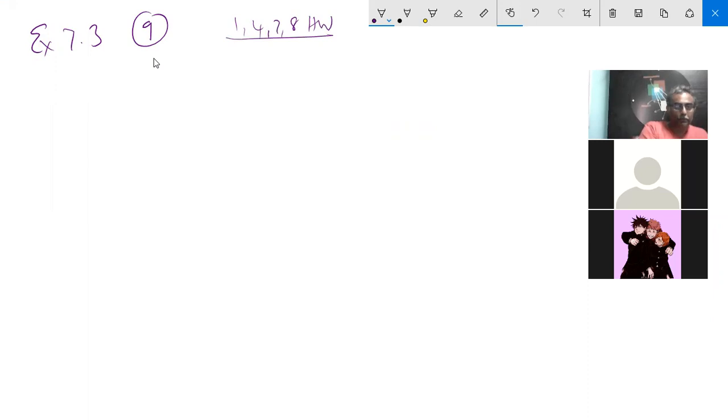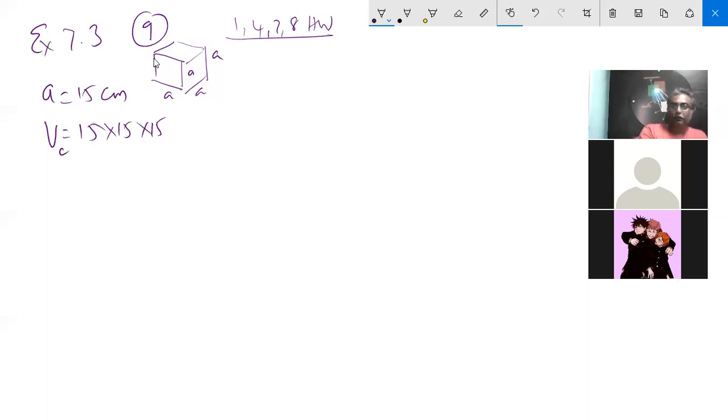A metallic cube of A equal to 15 centimeter is melted and formed into a cuboid. Volume of cube is 15 into 15 into 15. If the length of the cuboid is 25 and height is 9 centimeters, find breadth. Cube becomes cuboid, so volume of cube is equal to volume of cuboid.